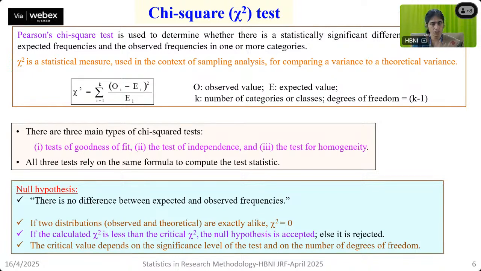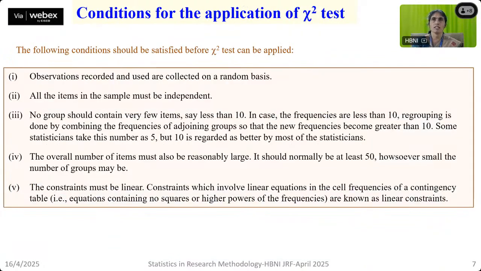If the calculated chi-square value comes out to be less than the critical one, then we accept the null hypothesis. Otherwise, we reject it and we go ahead with the alternative hypothesis. The critical values depend on the significance level as well as the number of degrees of freedom, which is similar to the properties of the other distributions also.